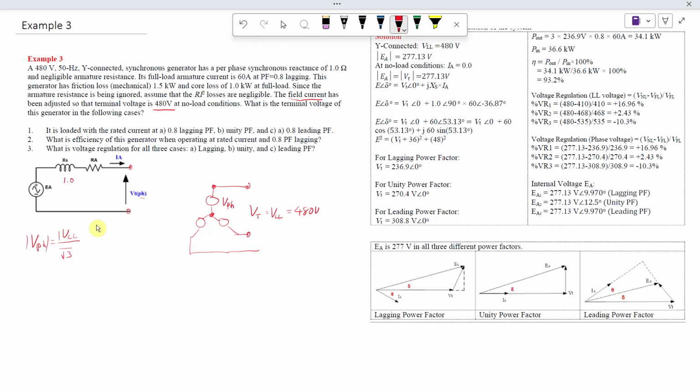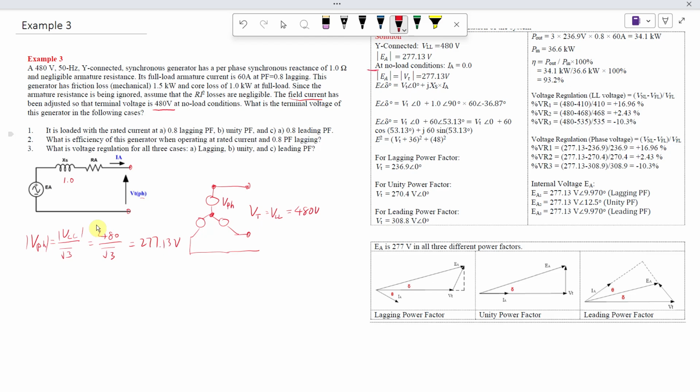So 480 divided by √3 is 277.13 volts. And because there's no load, the EA, the internal voltage or armature voltage, is also 277. Okay, so that's the beginning.